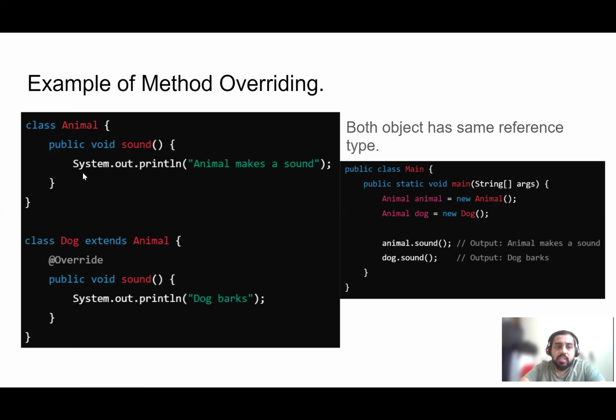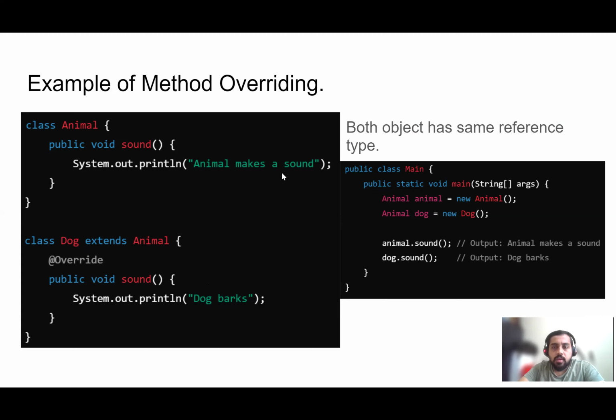So I just write the same method signature, public void sound, and I change the implementation here to "Dog barks." And you can see the annotation called @Override. It means that I'm overriding this method. This method is already present in the parent class. I'm just overriding it for the need of our child class. This is the concept of overriding.